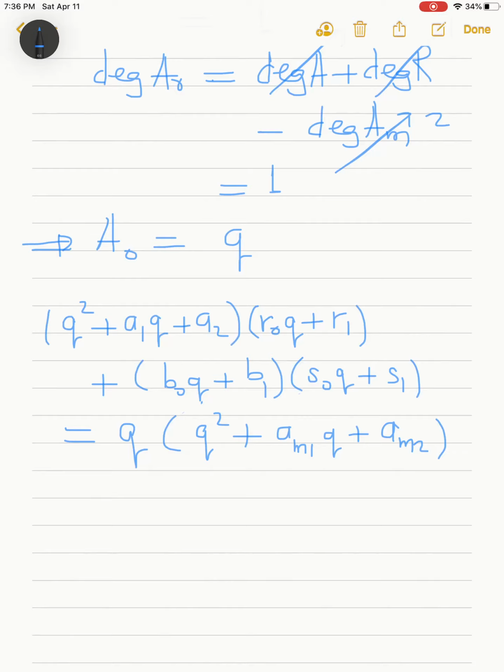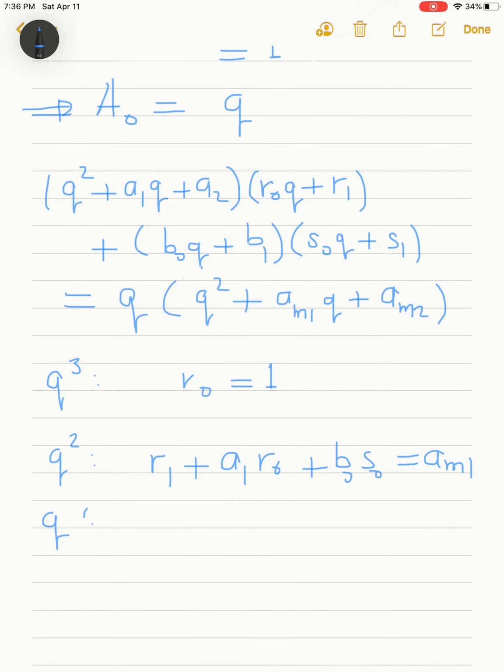So now what we are going to do is to equate the coefficients of similar powers of Q at both sides of the equation and find a set of equations that can be solved to find the unknown values R node, R1, S node, and S1. So let's do this. If we take the coefficient of Q cubed, we will get R node equal 1. If we take the coefficients of Q squared, we will get R1 plus A1 R node plus B node S node equals AM1.